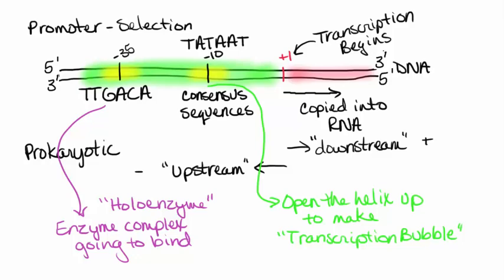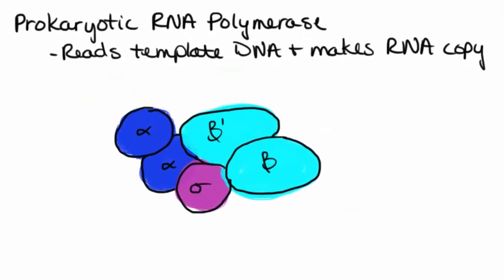When we talk about the process of transcription in prokaryotic cells, the enzyme that's actually making the RNA is what we call prokaryotic RNA polymerase. This is the only polymerase that the prokaryotic cells utilize, but the enzyme itself has a total of 5 subunits that make it up. That's what we're seeing here in this diagram.